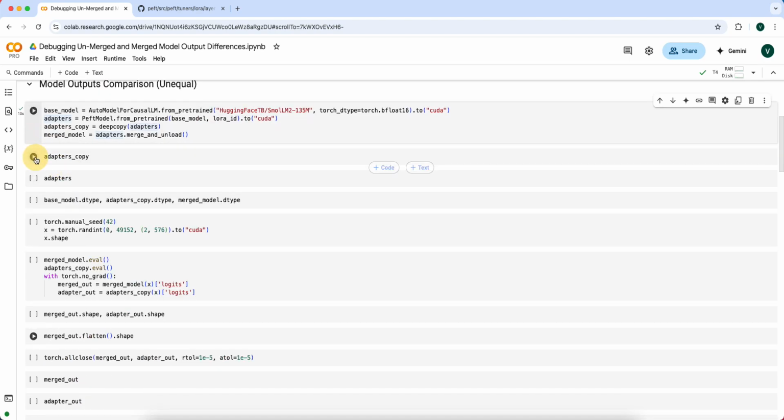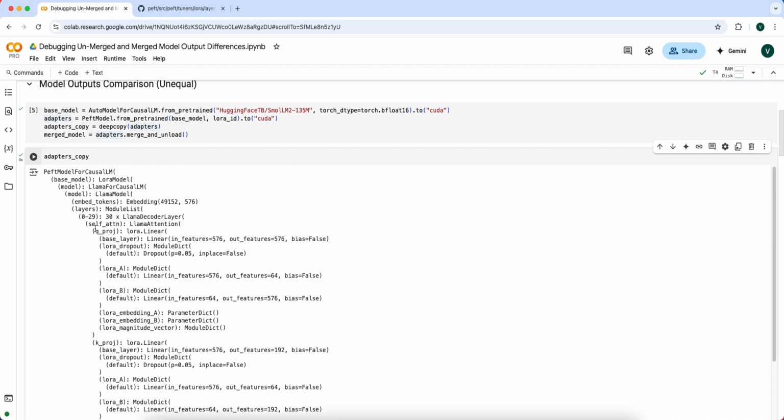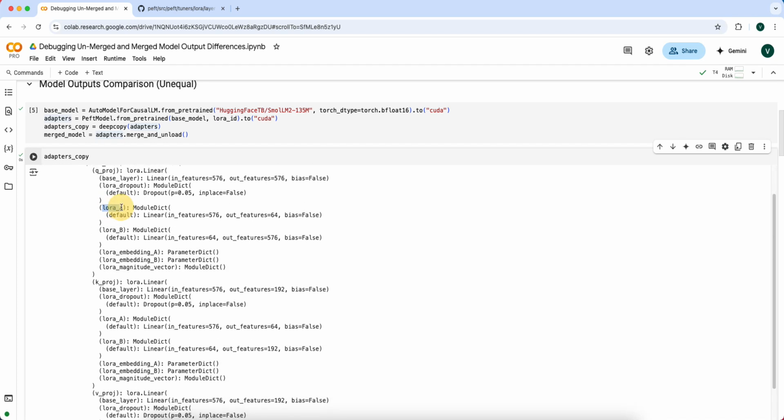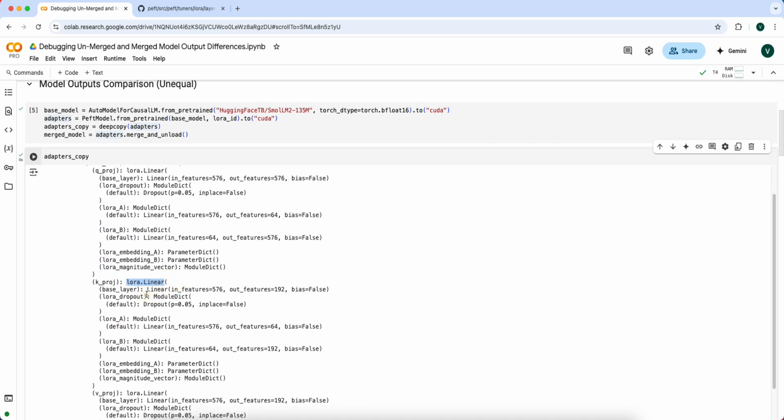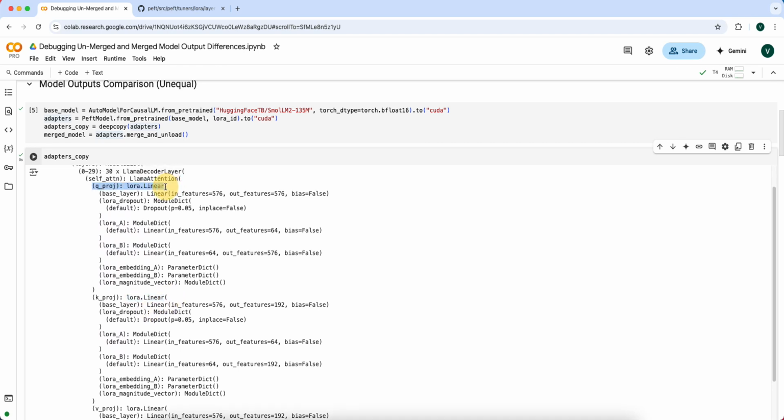If we look at adapters copy, we can see we have the unmerged LoRA weights. This linear layer for q_proj, for example, has a base layer, LoRA dropout, LoRA A, and LoRA B, and these three are empty. So that's what a linear layer looks like.